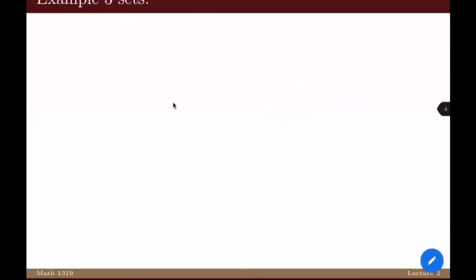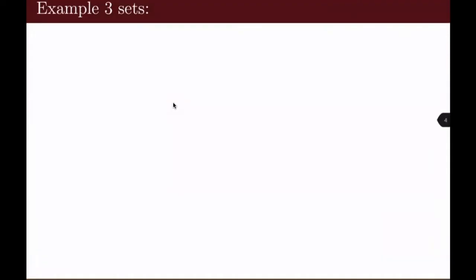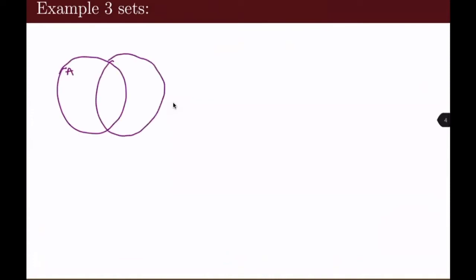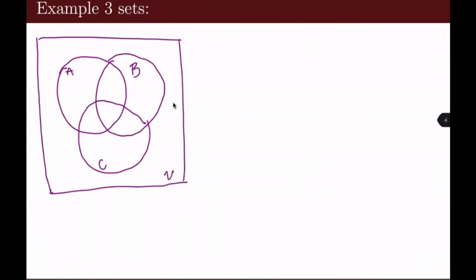Let's do an example with 3 sets. First, I'm going to draw you the Venn diagram with 3 sets. Next, I'm going to label all of the areas with Roman numerals.